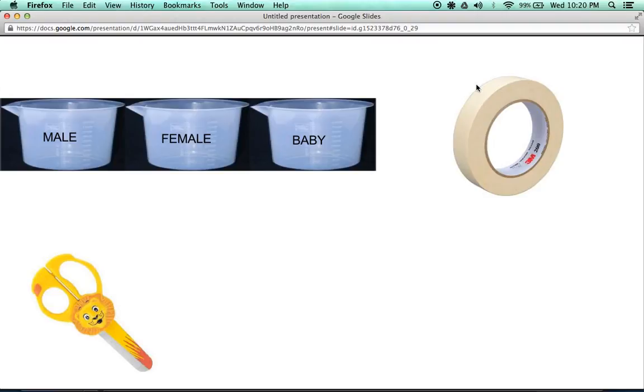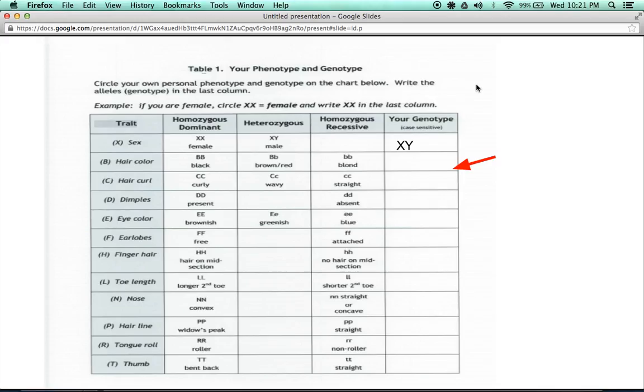They would also need some scissors, and that's basically the only equipment that would be used, other than the tables and the papers that are going to be handed out for the procedure.